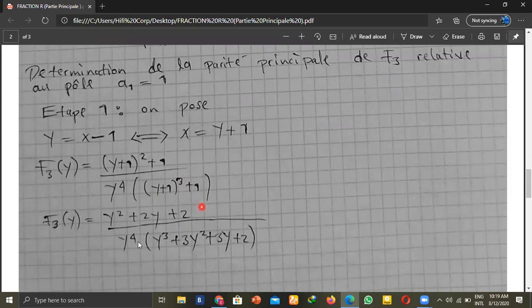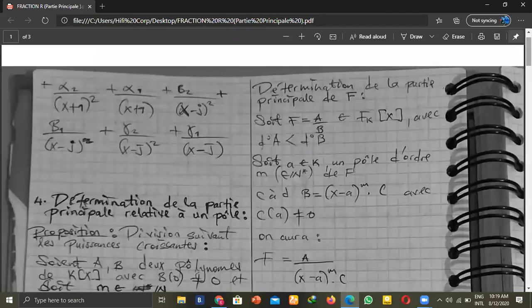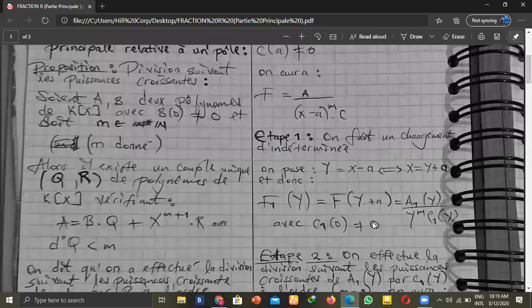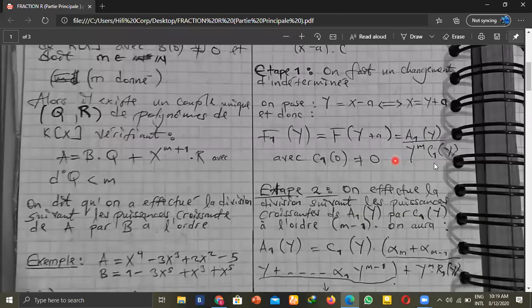Careful. What did we say here? We said on étape 2, our R1 after we put our y, which is this, divided by our C1, which after we put our y is just this dividing this, which is what we're going to do here.